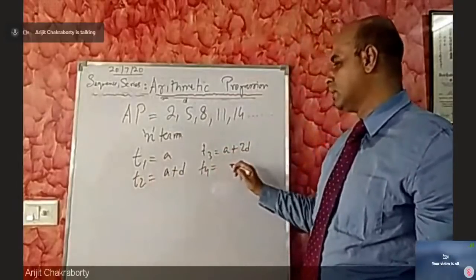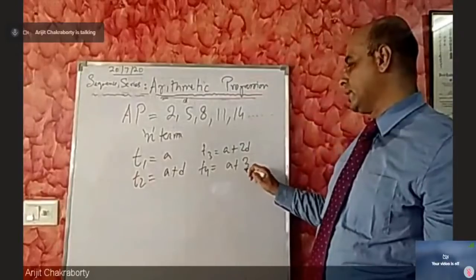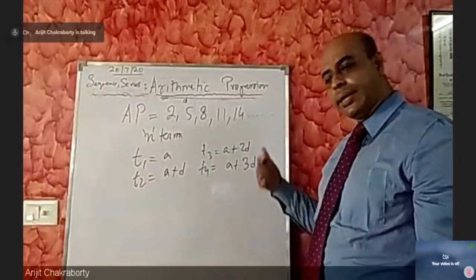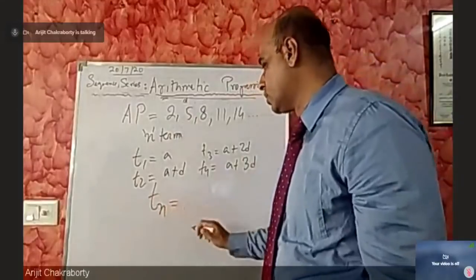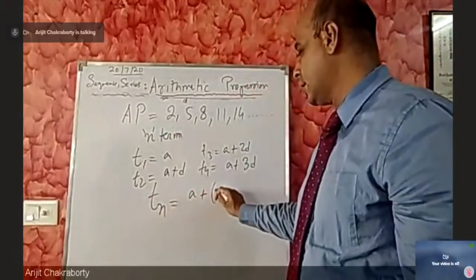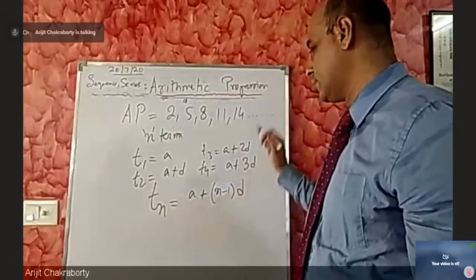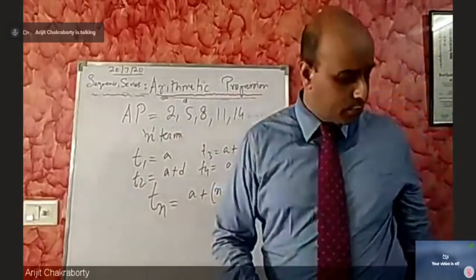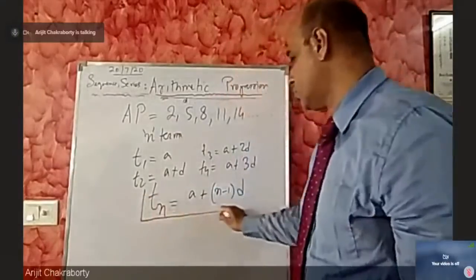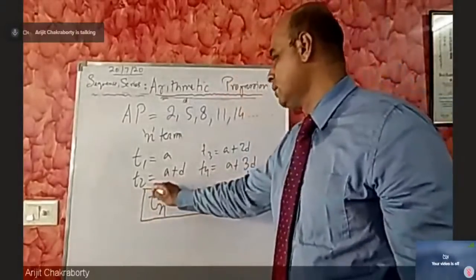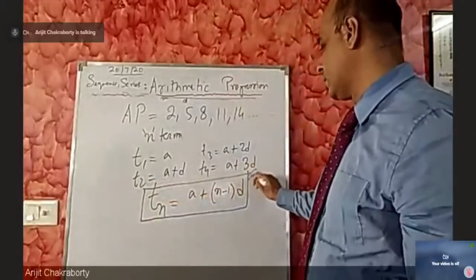The fourth term is A plus 3D. In this way, the nth term, Tn, is equal to A plus n minus 1 into D. Dear friends, please note down this formula. Very important.